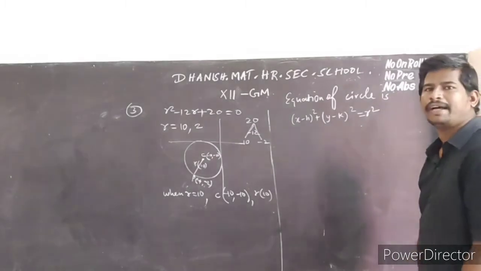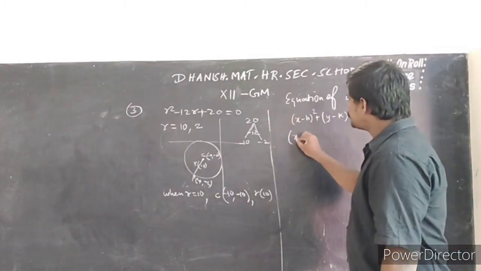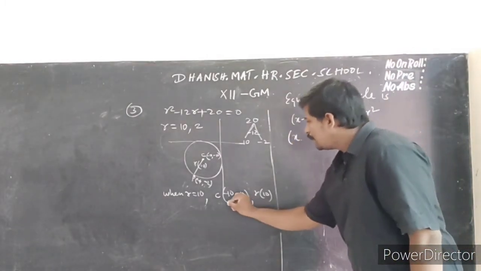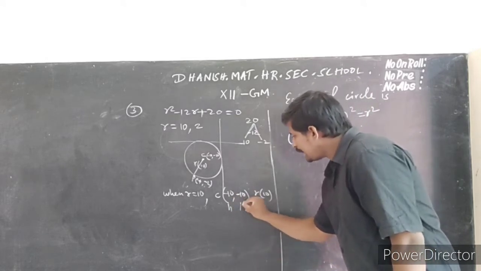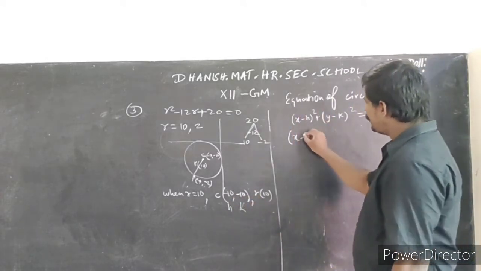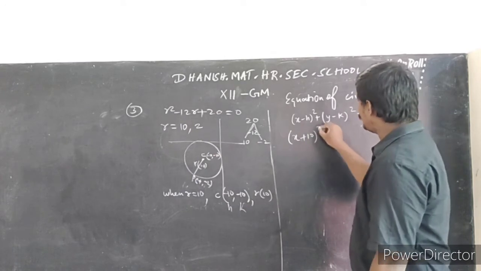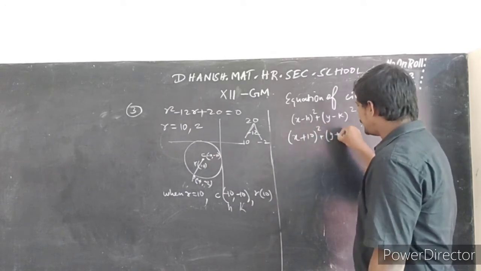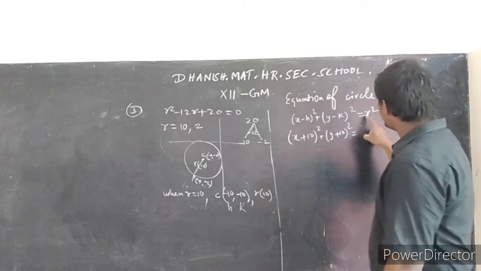Now I am going to substitute the values. h can be taken as minus 10 and k can be taken as minus 10, so it will become (x plus 10) whole square plus (y plus 10) whole square equal to r square.